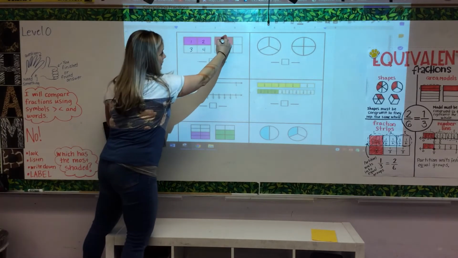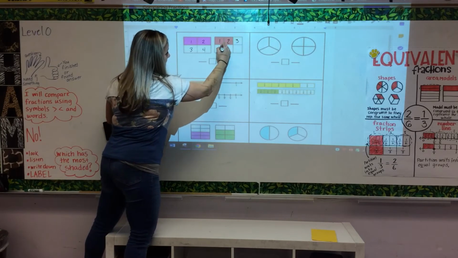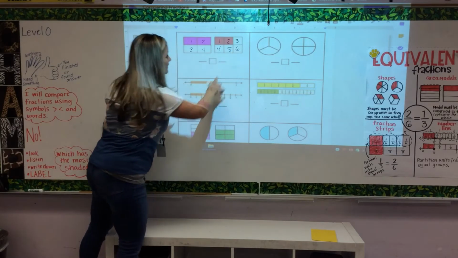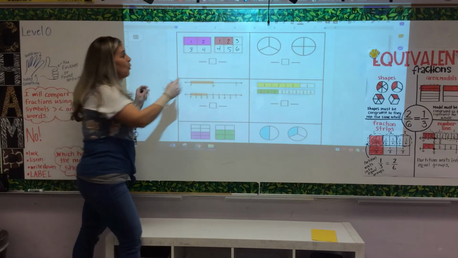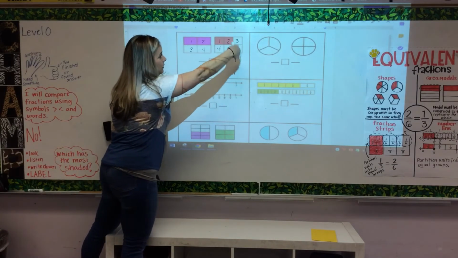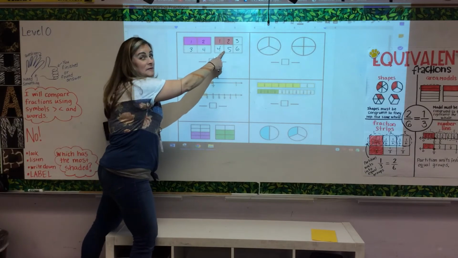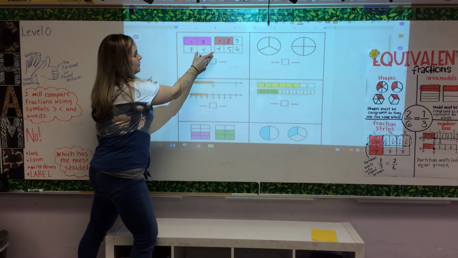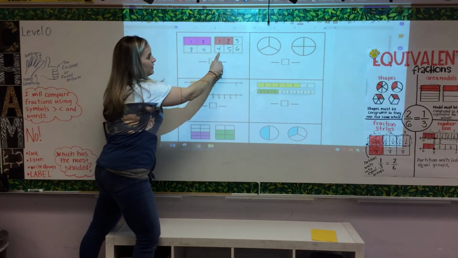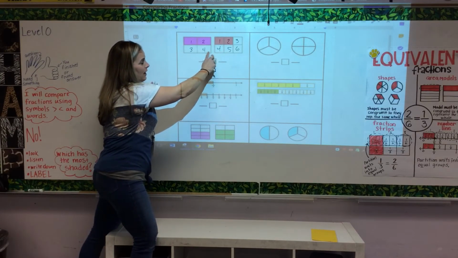fourths, and this is sixths. So the 6 little pieces, there's more cuts. There had to be more cuts made here. So that makes these pieces smaller individually than these pieces. So this 1 piece is way larger than this 1 piece, right?